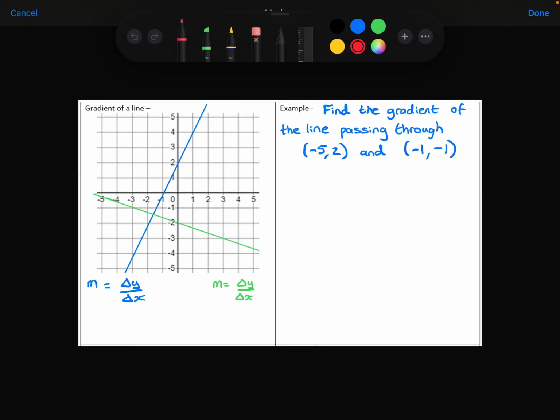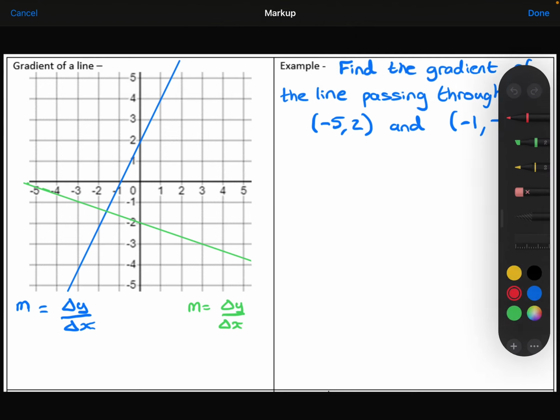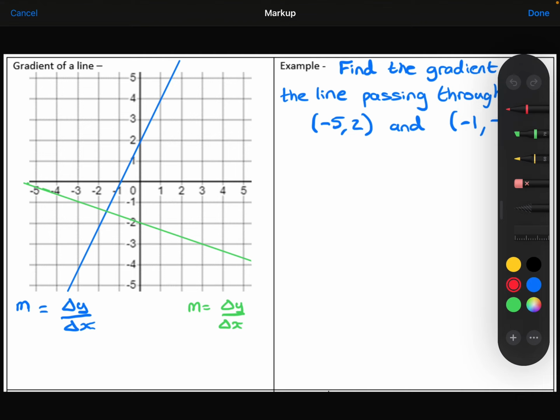Next, let's talk about how we can find the gradient of a line. I've got two lines here, a blue line and a green line. How can I find the gradient or the steepness? The gradient is always the change in the y divided by the change in the x. Now, if I'm given the line on a graph here, I can choose any 2 points.